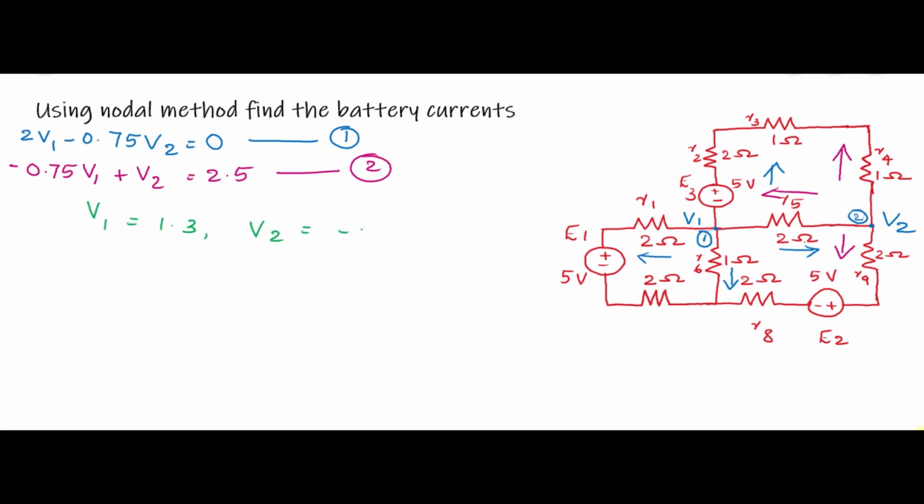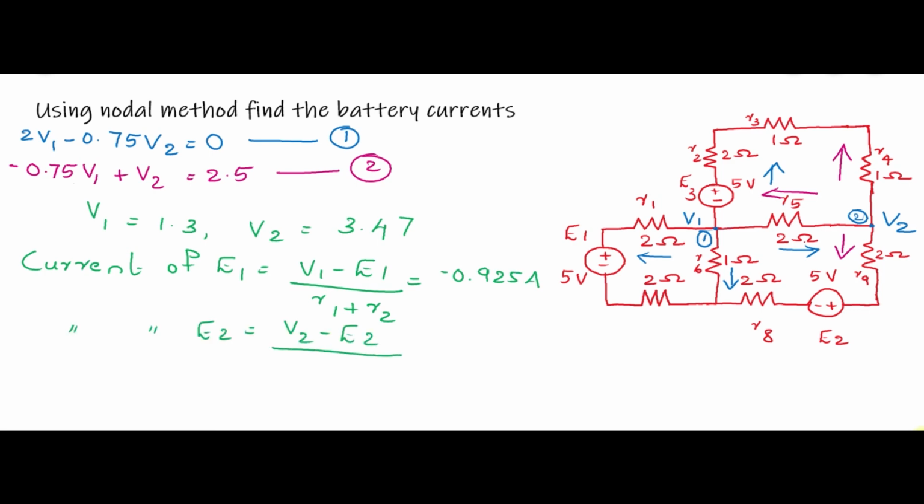Now you have to find the battery currents. The current of E1 is equal to V1 minus E1 divided by R1 plus R7. Putting the values, you will get 0.925 ampere. Then the current of E2 is V2 minus E2 divided by R8 plus R9.